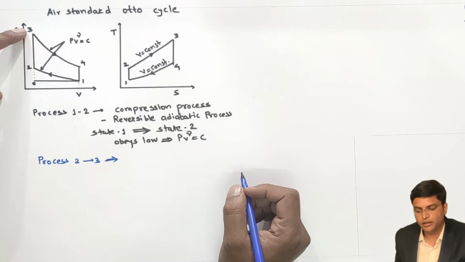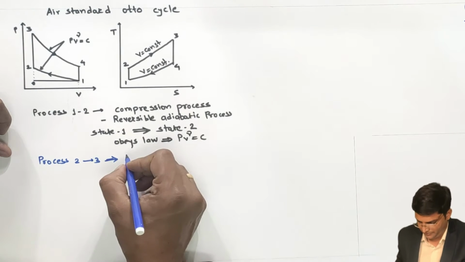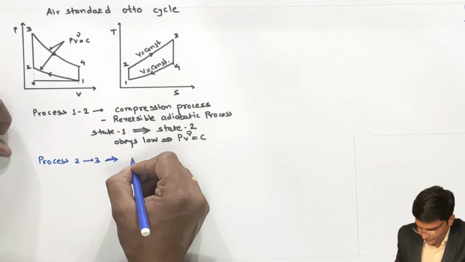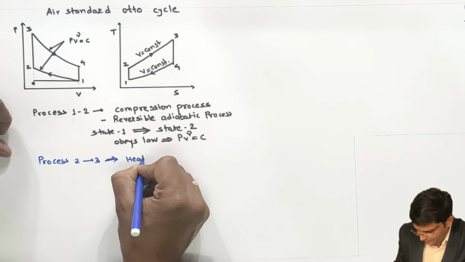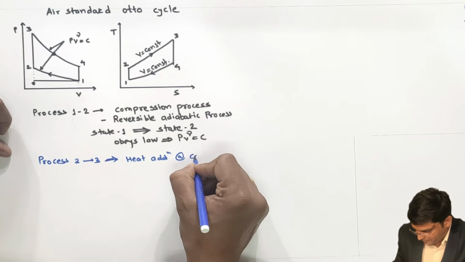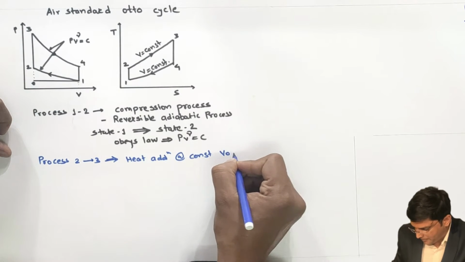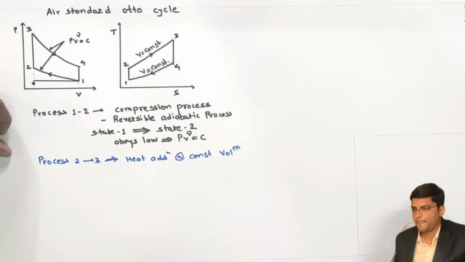We can see from state 2 to state 3 the volume line is a straight line. That means it is constant, it is unchanged. Heat addition at constant volume.